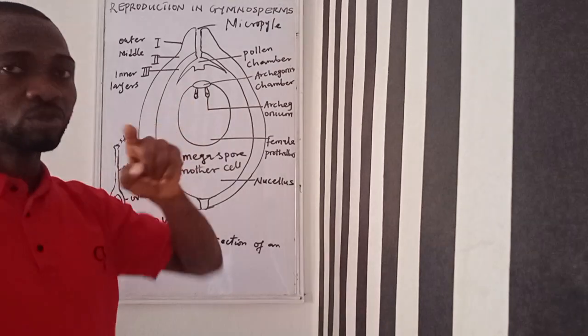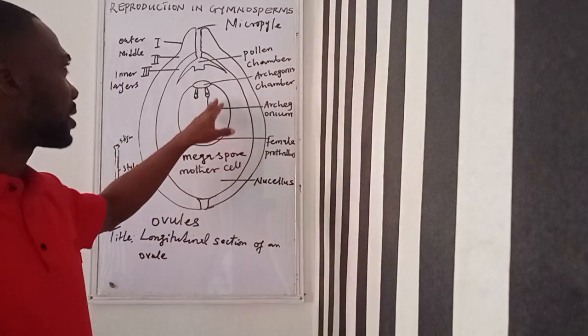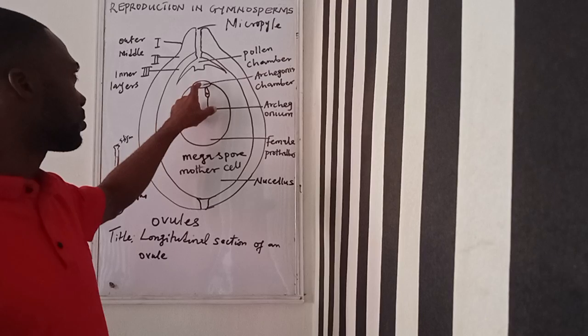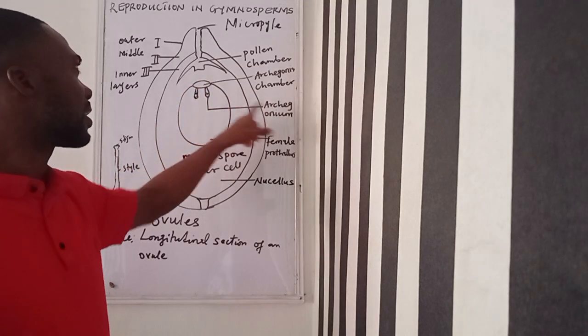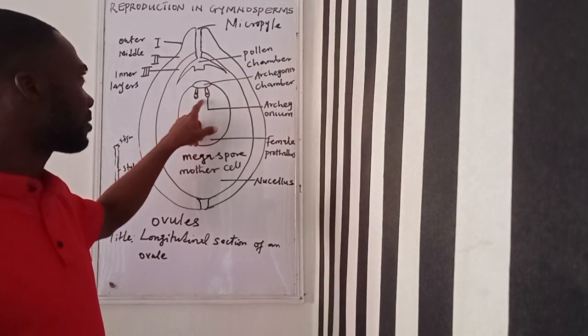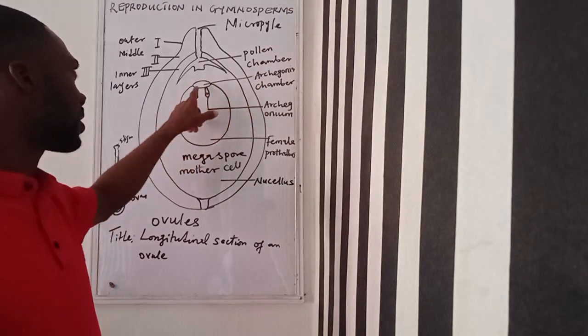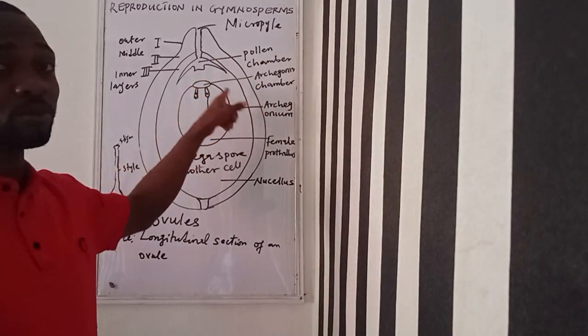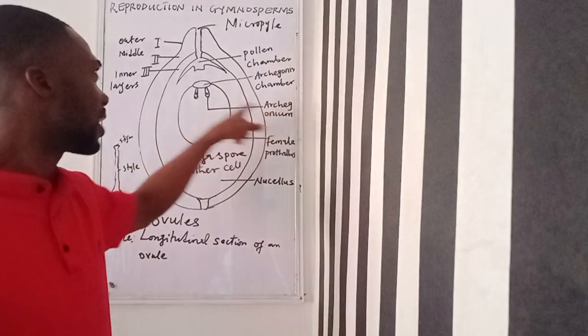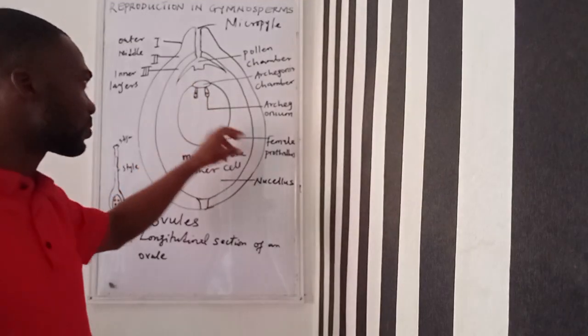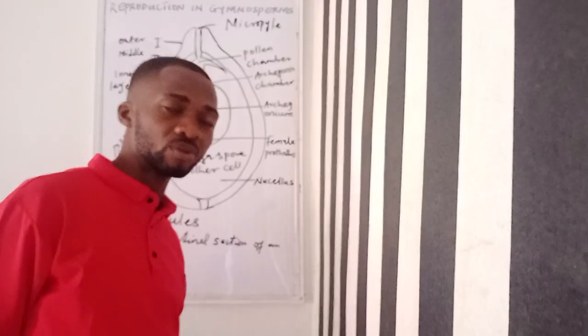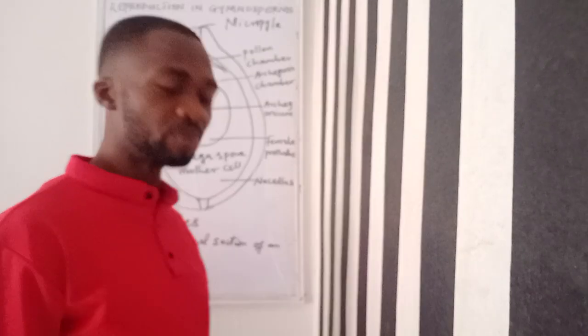You should also know from this picture that the archegonium chamber, as you can see here, and the archegonium, we have two archegonia here, are housed within the female prothallus, or are part of it.